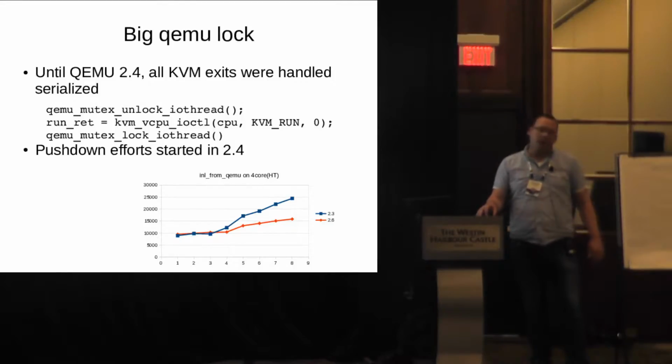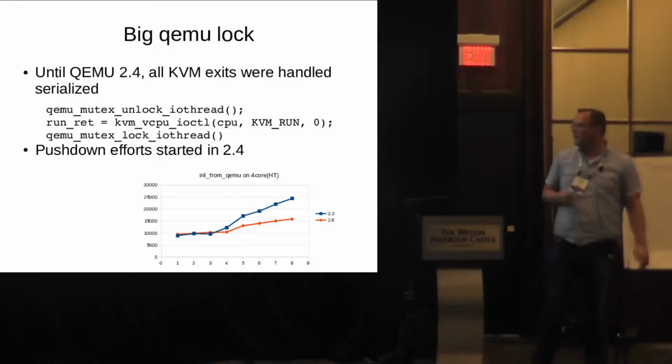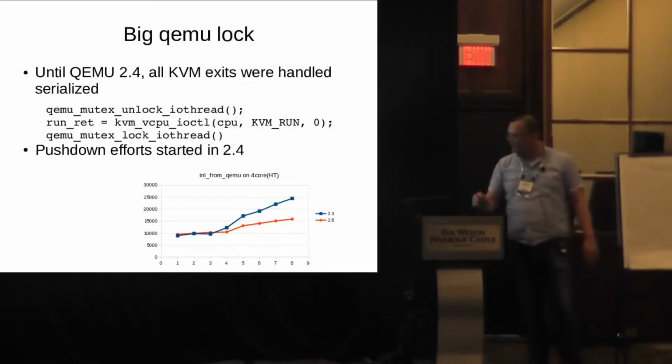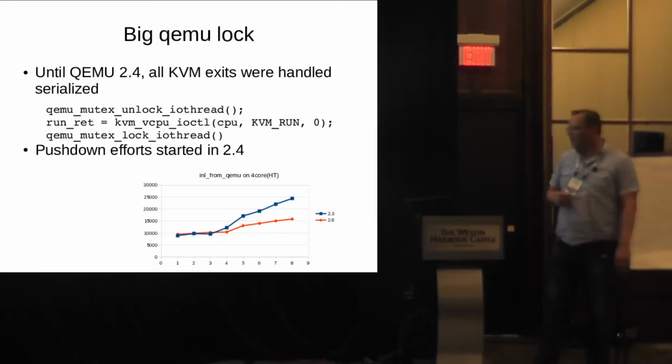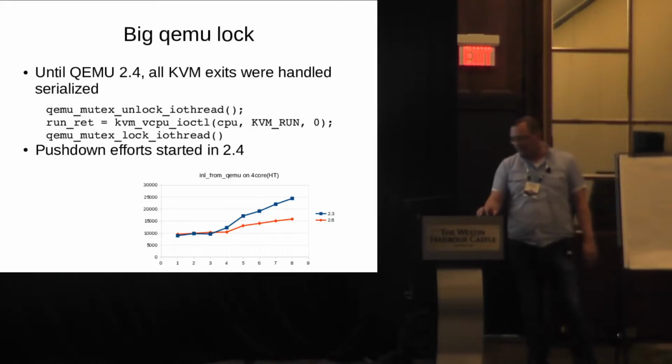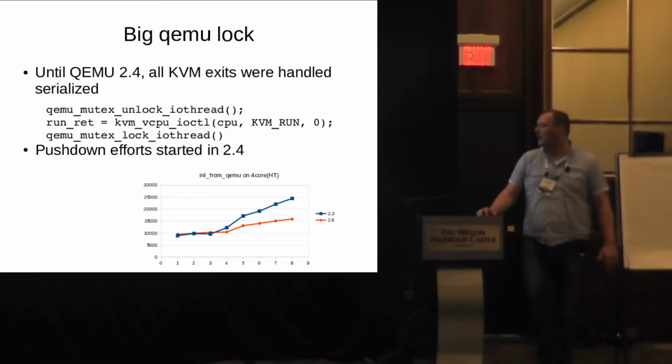And I started the KVM unit test with the SMP parameter. So I had 1, 2, 3, 4, 5, 6, 8 CPUs. And you can see that starting with 4 CPUs, basically the exit got slower and slower. When you compare that with QEMU 2.6, you see that this push-down effort really gives you an advantage.